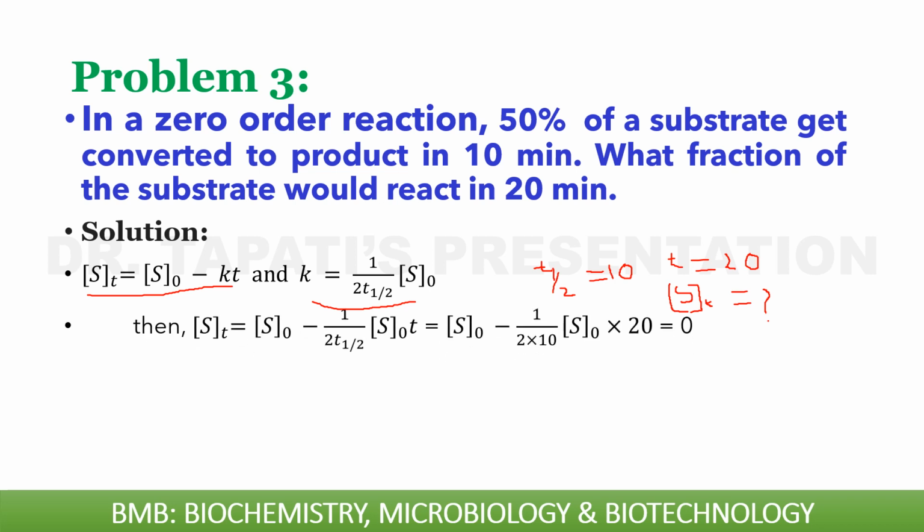If we put the K value in this equation, we will find that St is equal to S0 minus 1 by T half into S0 and into t, that is equal to S0 minus 1 by 2 into 10, because the T half value is 10, into S0 into 20, the t value is 20.